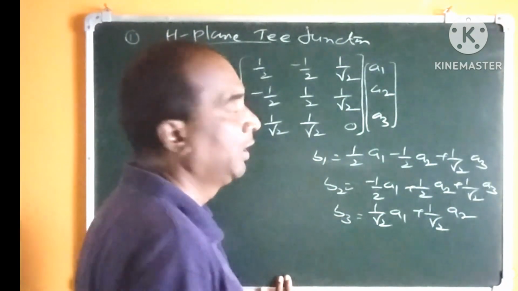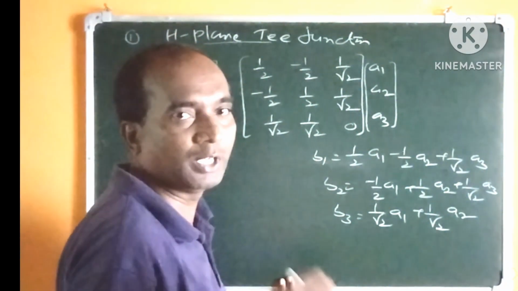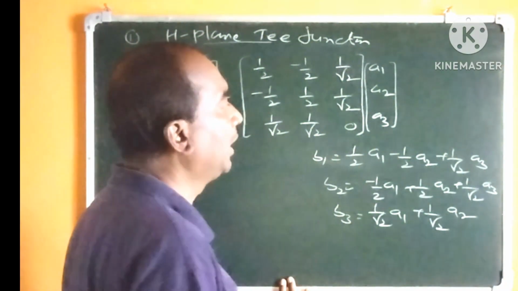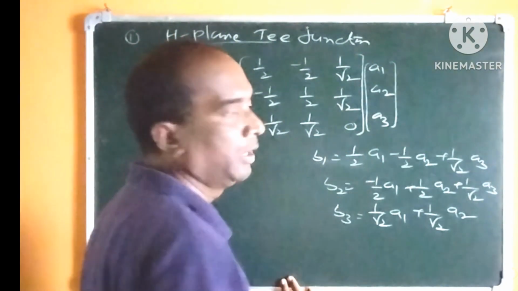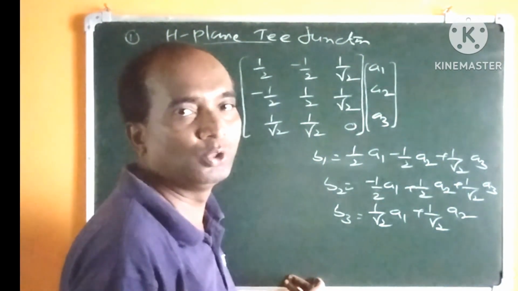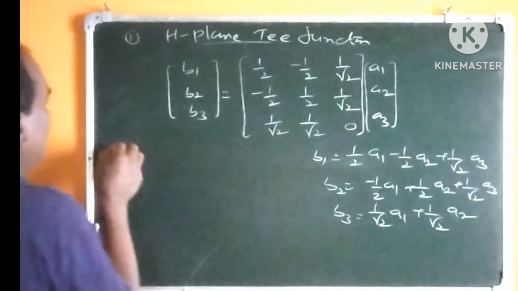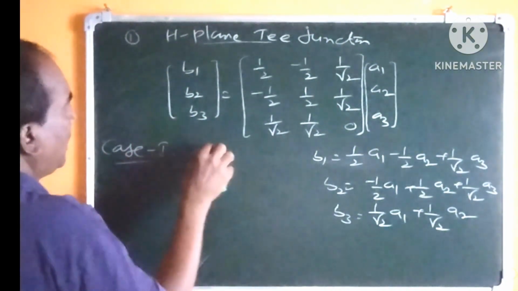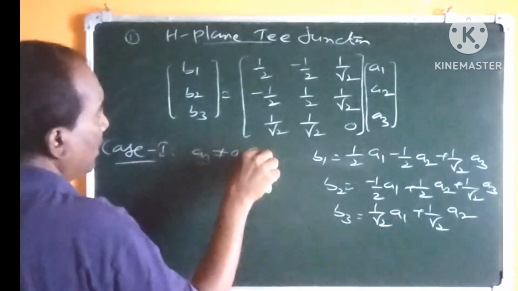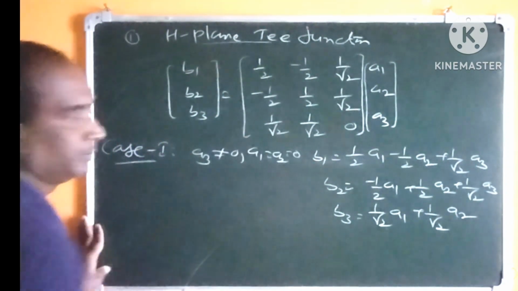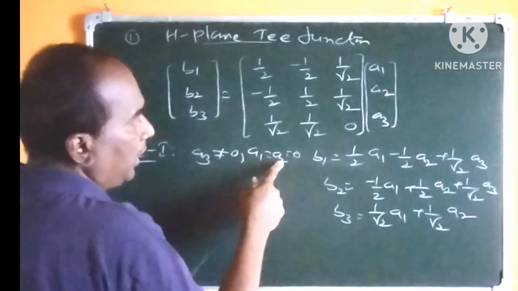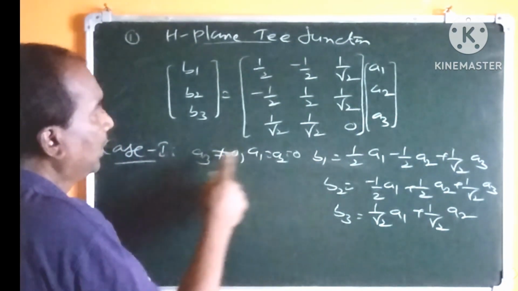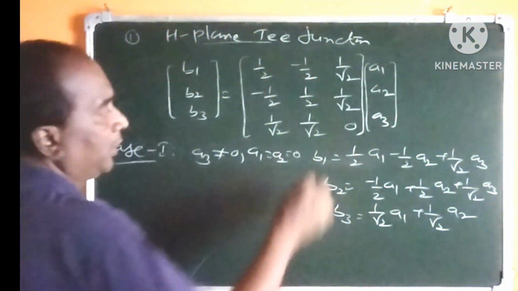For example, if port 3 is given some input and there is no power through port 1 and port 2, let us consider case 1. In the first case, A3 is not equal to 0, A1 equal to A2 equal to 0. No input through the first port and second port, and input is given through the third port.